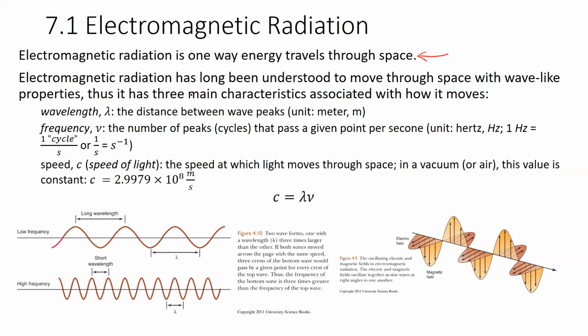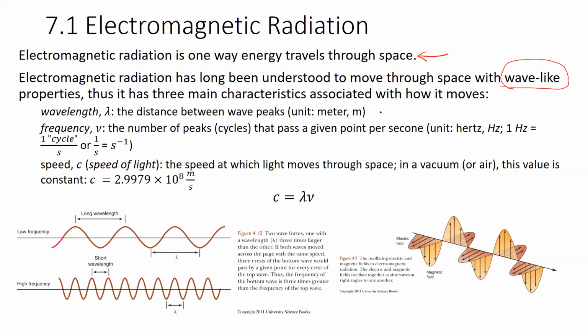Now, in the history of electromagnetic radiation, the long study of light and how light interacts with things, light is really understood to move with wave-like properties. Okay, so wave-like properties are a big key to early understanding of electromagnetic radiation.